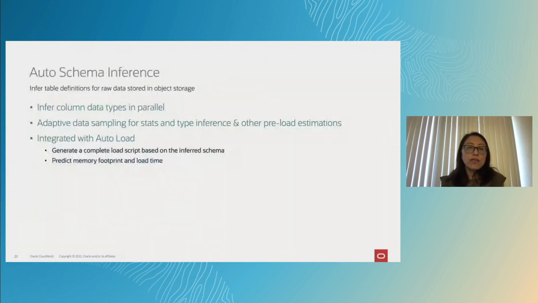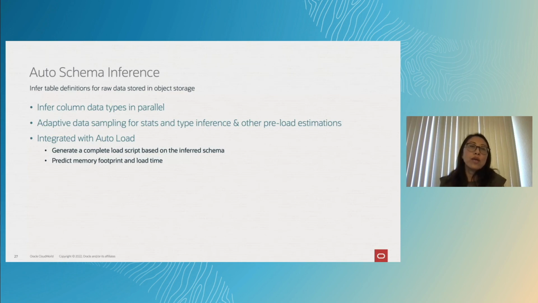So let me dive a little bit more into auto schema inference. The idea here is that we want to sample the data that is stored on the object storage so that we can predict or infer the data type on the data that is on object storage.